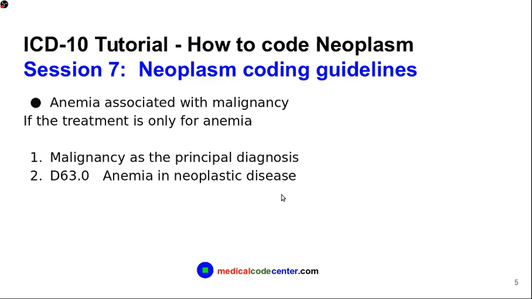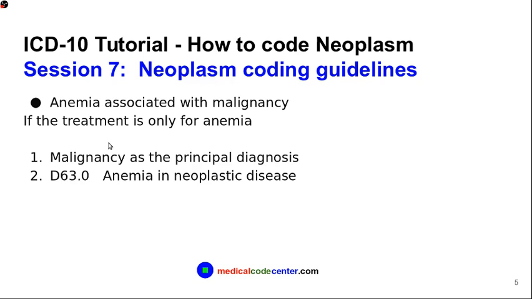So the next two guidelines are related to anemia. When the anemia is associated with malignancy, and the treatment is only for the anemia, usually the reason for encounter is the primary code. But in this case, you code malignancy as the principal diagnosis, and then the anemia as the second code.